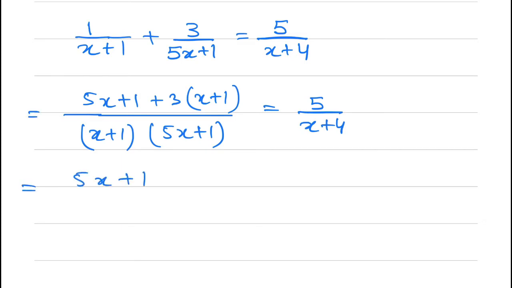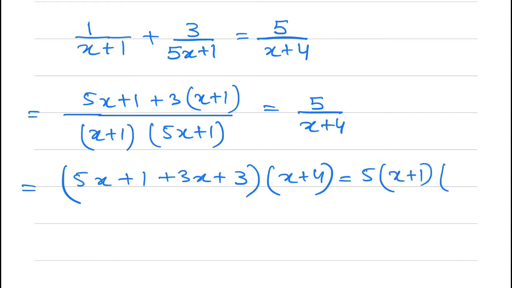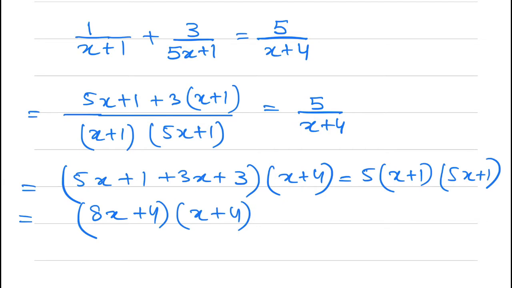(5x plus 1 plus 3x plus 3) into (x plus 4) is equal to 5 into (x plus 1) into (5x plus 1). So 8x plus 4 into x plus 4 is equal to 5 into (5x square plus x plus 5x plus 1).